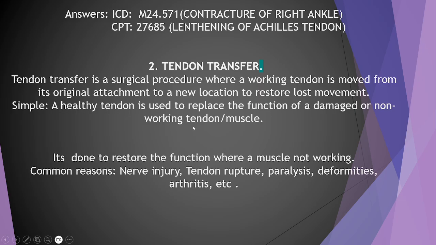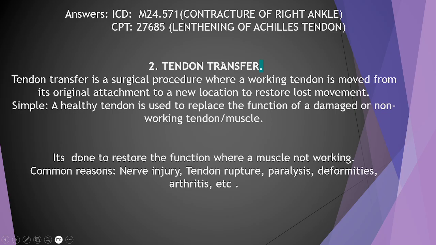Tendon transfer is basically a surgical procedure where a working tendon is moved from its original place to a new location to restore the lost movement. Simply, we can say that a healthy tendon is used to replace the function of the damaged or non-working tendon or muscle.